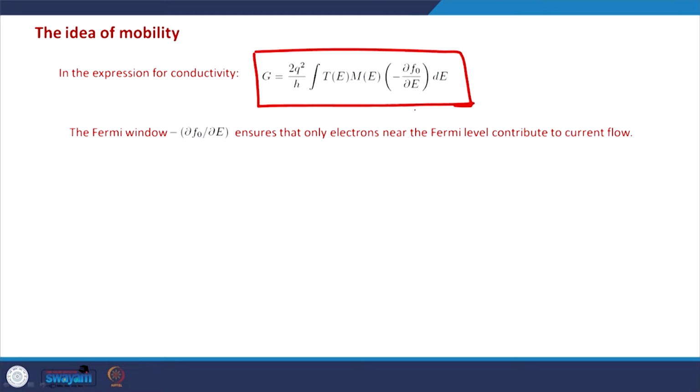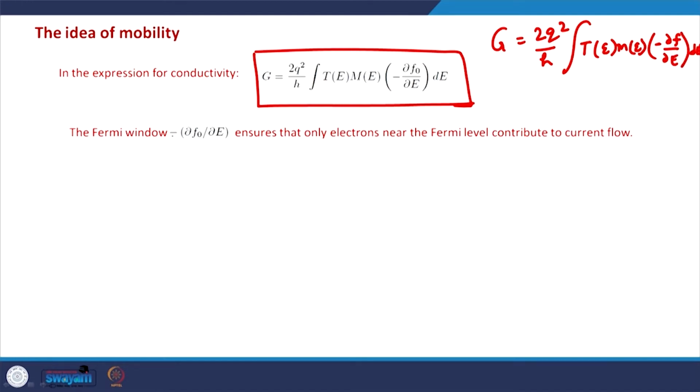This is the equation of the conductance. So, we need to always begin with this 2q square by h, Te Me, minus del F by del E times dE.